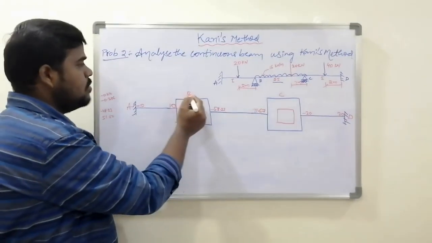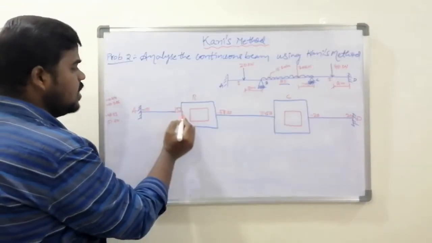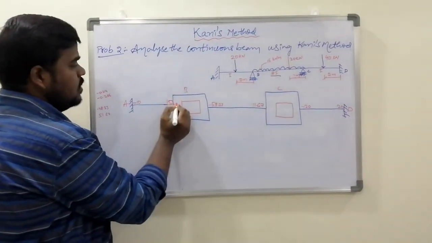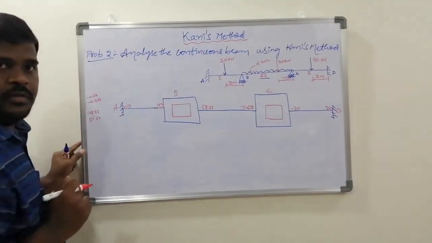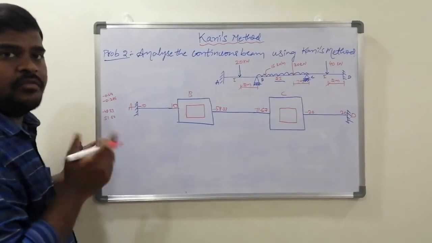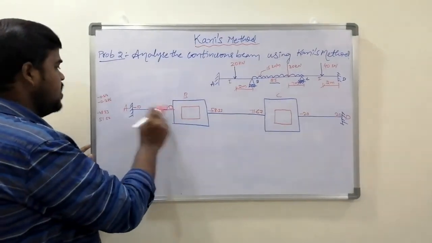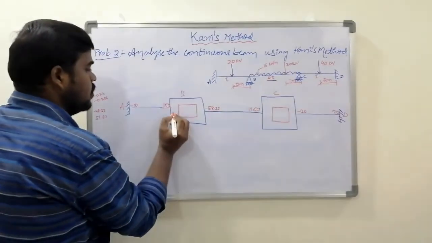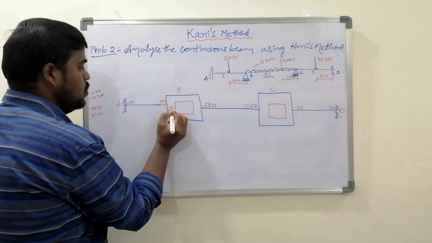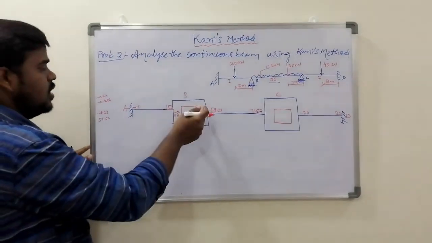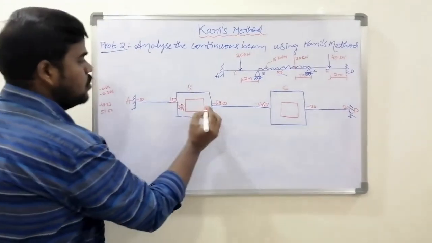So I have written A, B, C and D here. So here we have to write the rotation factors of AB. The rotation factors of AB are found in the previous step, and the value of AB is minus 0.214. So I can write it as minus 0.214 here, and for BA it is minus 0.286.